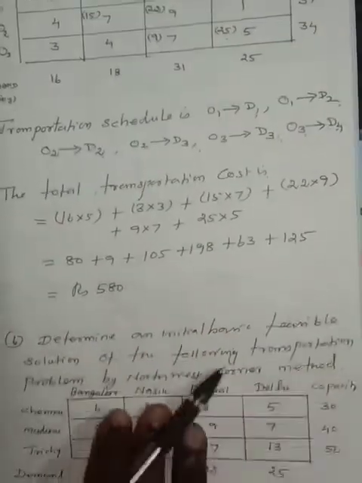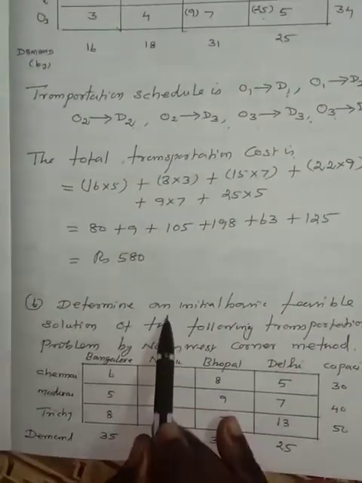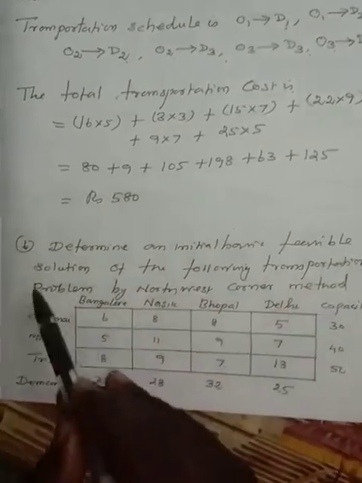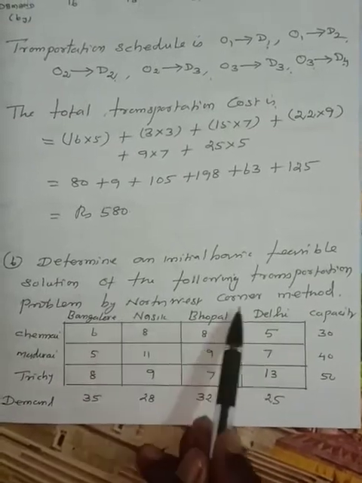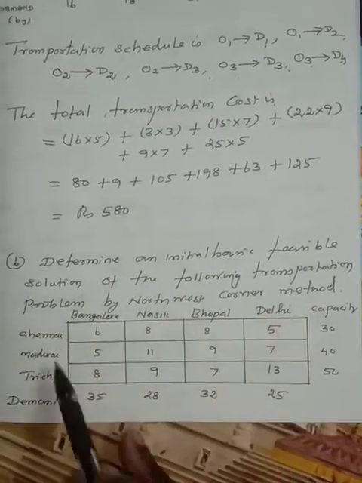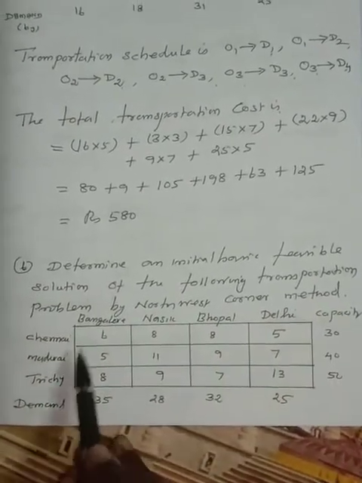580. Next, determine an initial basic feasible solution of the following transportation problem by the northwest corner method. The given table is this one.